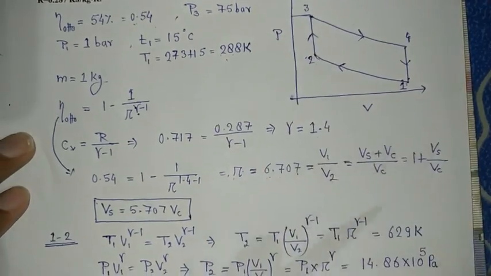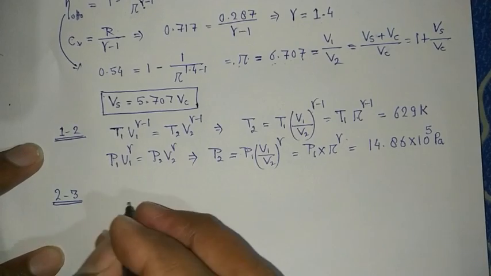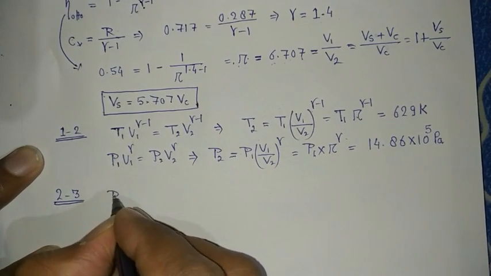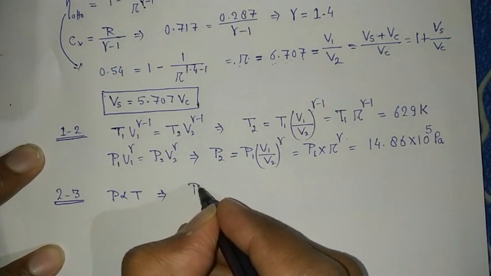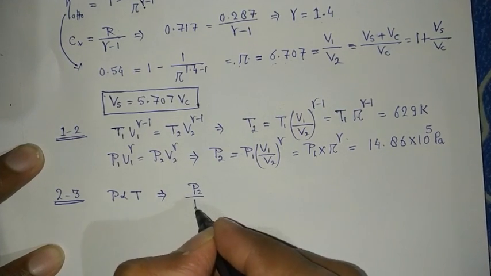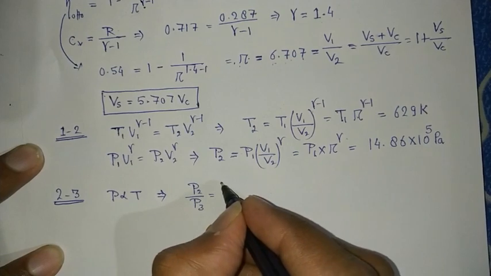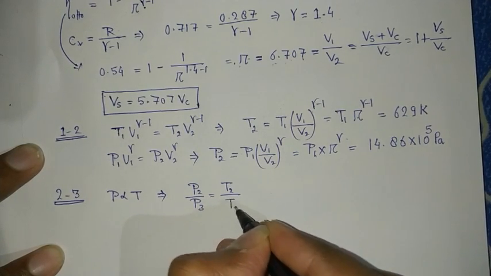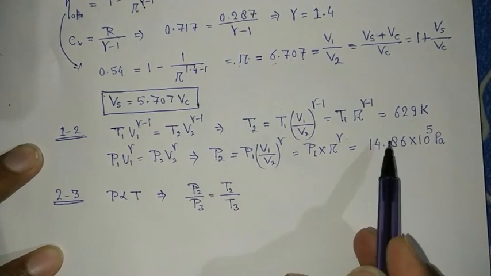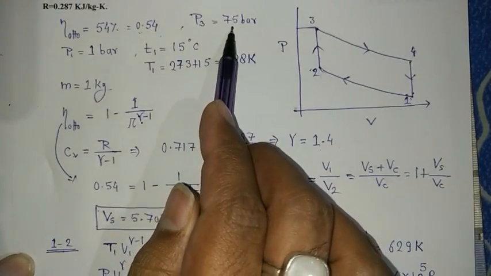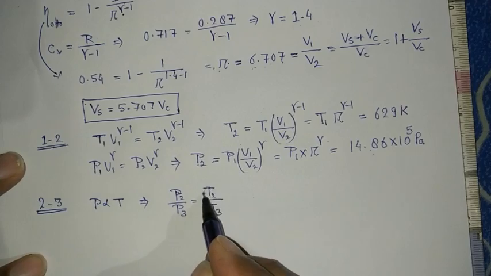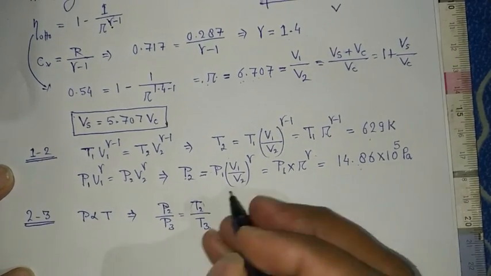When the volume is constant, pressure is directly proportional to temperature. So we can write P2 by P3 is equal to T2 by T3. P2 we have calculated already, P3 is given in the question, and T2 we know. From here we can calculate T3.